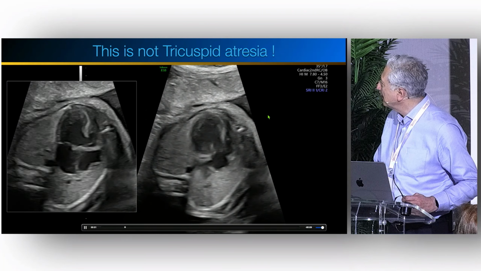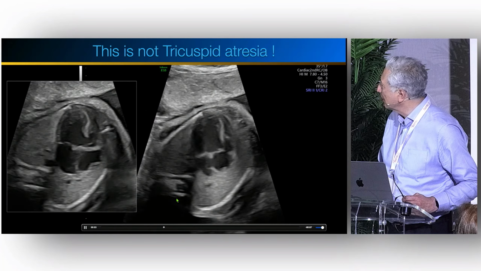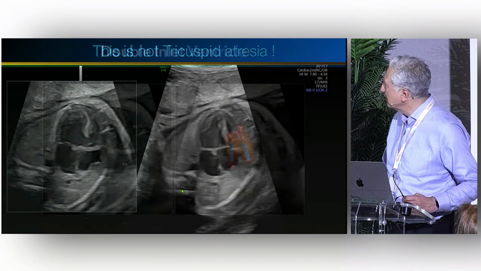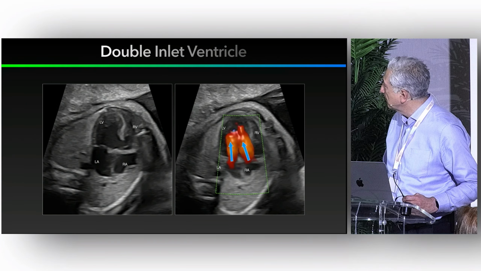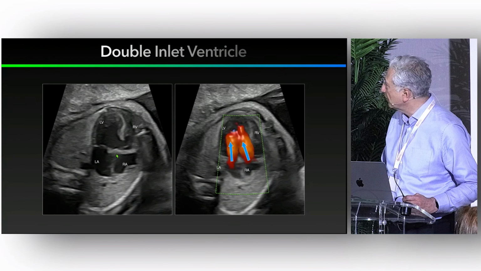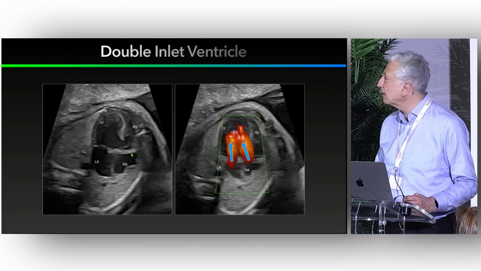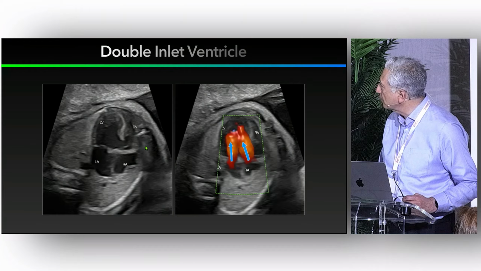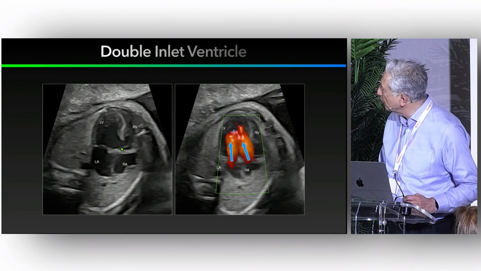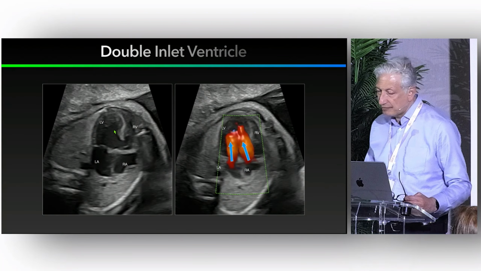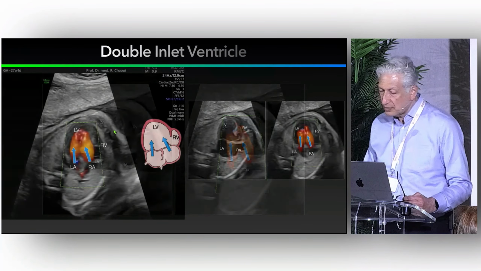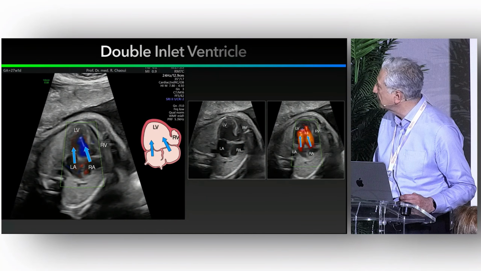And if you look, the foramen ovale was not bulging that much, but what happened here is this condition. Because this is the double inlet ventricle, and the valve was not closed, but this part of the valve appeared as if it's closed, and the valve was opening into the left ventricle, and this is double inlet left ventricle. And if you look at the video clip here, this is how it appears.